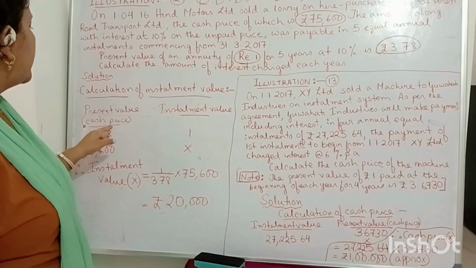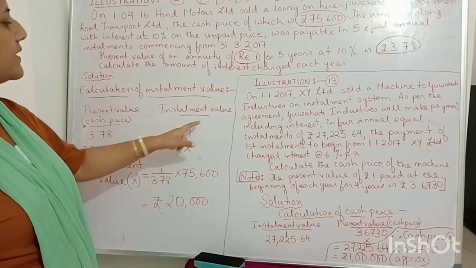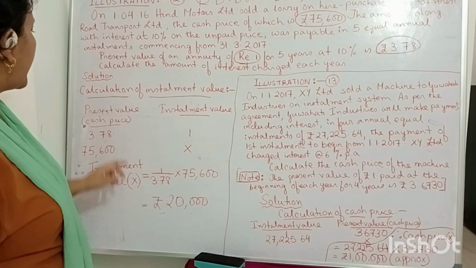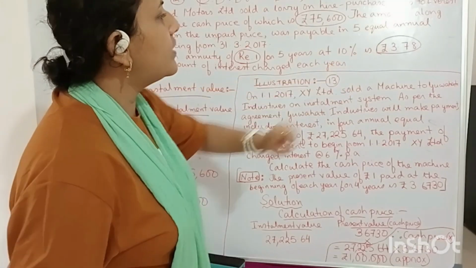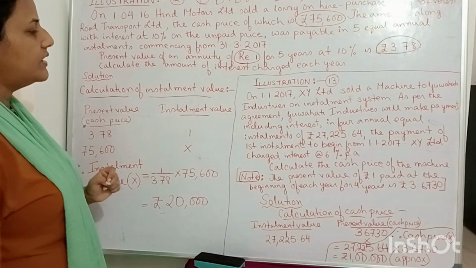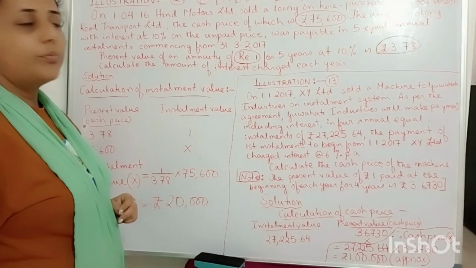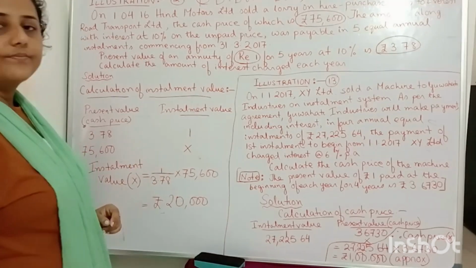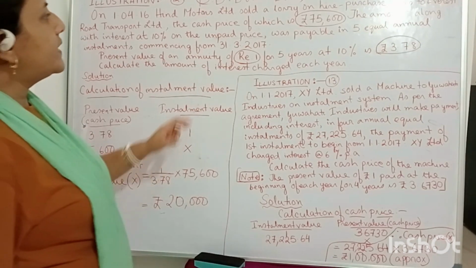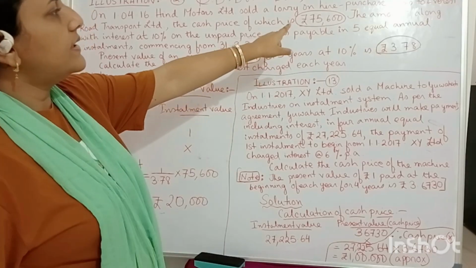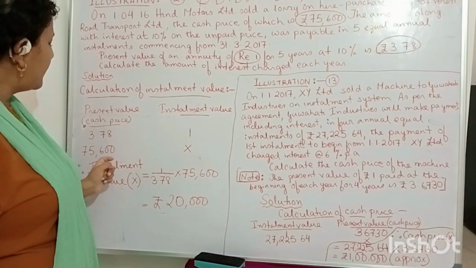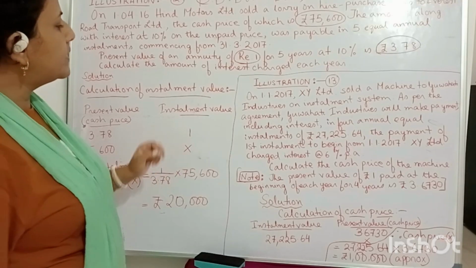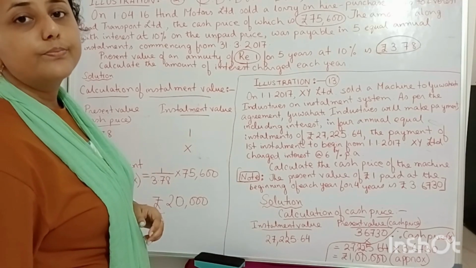So you just see the calculation of installment value. Present value, that is the cash price, and this is the installment value. When the present value, that is the cash price, is 3.78, the installment value is 1. So when the present value is 75,600, what will be the installment value?